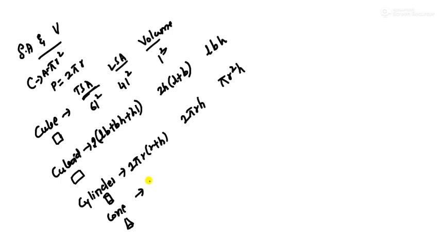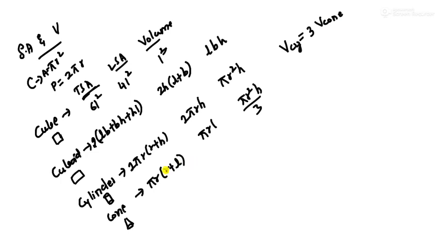For a cone TSA is pi r into (r plus l), LSA is pi rl, and volume is pi r square h divided by 3. So the volume of a cylinder is always 3 times the volume of a cone. Remember this.